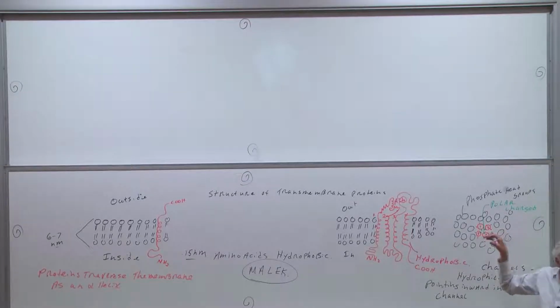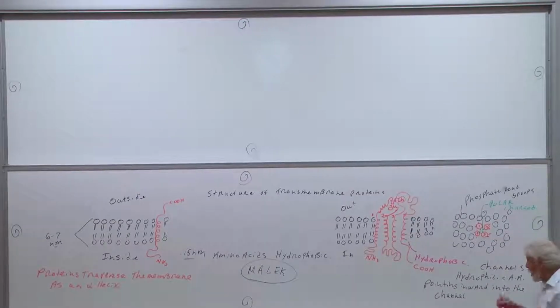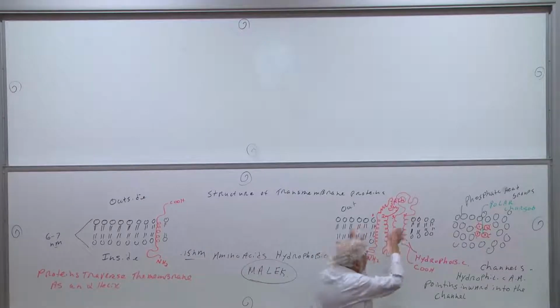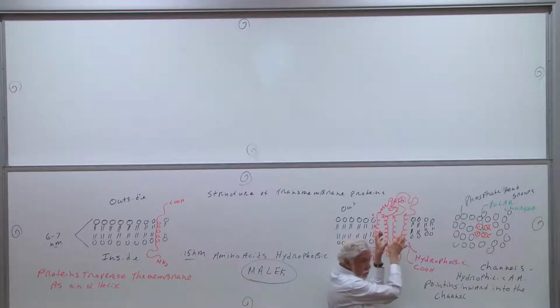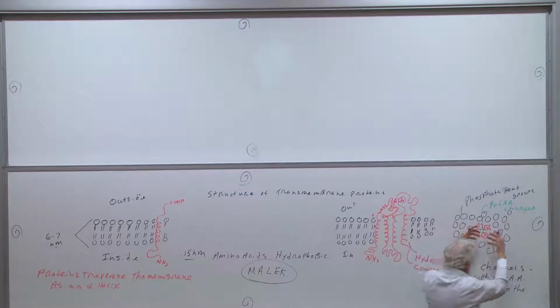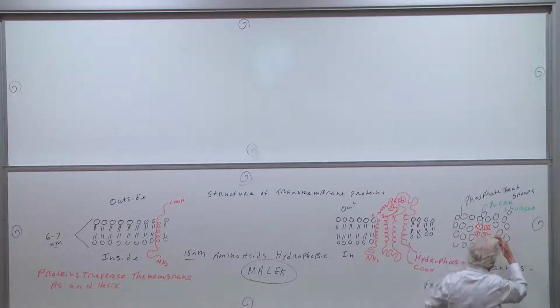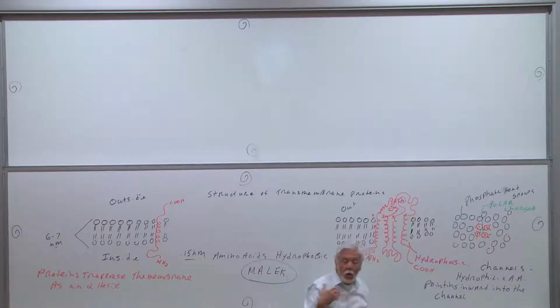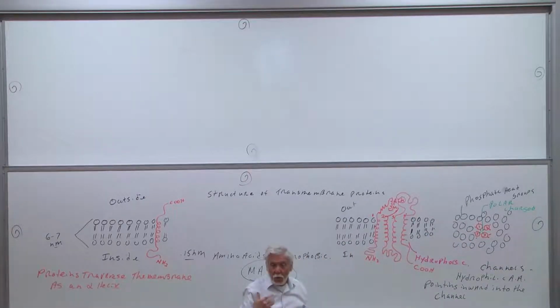We'll spend quite a bit of time on that when we talk about the nervous system, but for now simply recognize that what we have are transmembrane regions that are predominantly alpha helical, and with the combination of hydrophobic R groups pointing toward the hydrophobic tails of the phospholipids and hydrophilic R groups pointing inward toward one another, we can now make a transmembrane region that generates a proper hydrophilic channel.